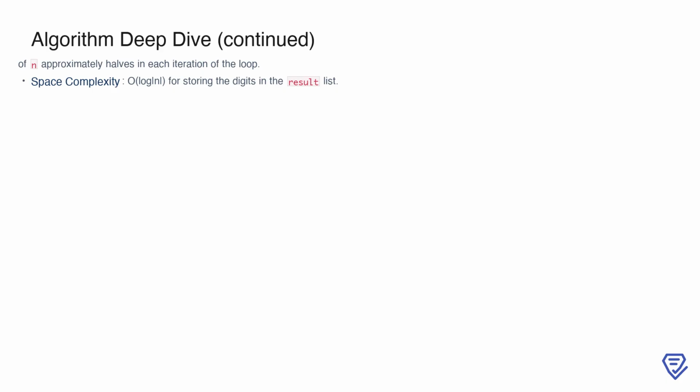For space complexity, the result list stores the digits of the base -2 representation. The number of digits required is proportional to O(log n), as each iteration appends one digit to the list. Thus, the space complexity is also O(log n). These complexities make the algorithm efficient for converting numbers to base -2, even for large inputs.